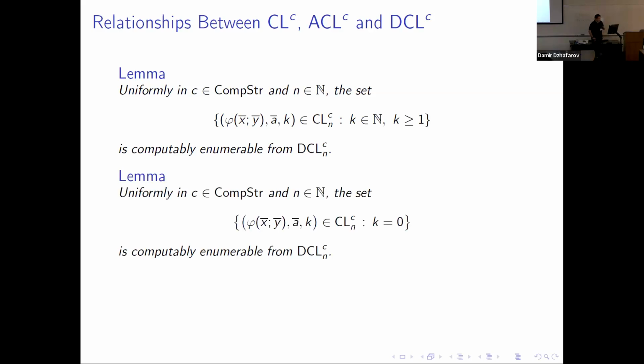Okay. The next connection is we can determine, from knowing when there's just one realization, when there are 0 realizations. And this one's a little bit trickier. But what you do is you say, okay, I have a formula phi, and I want to know whether there are no realizations.